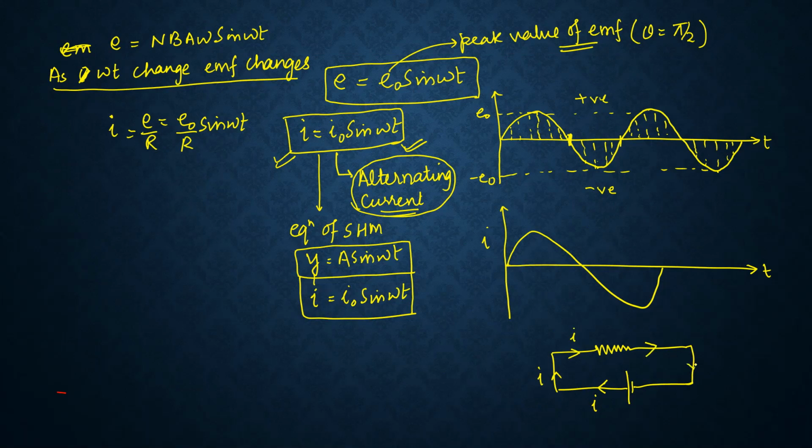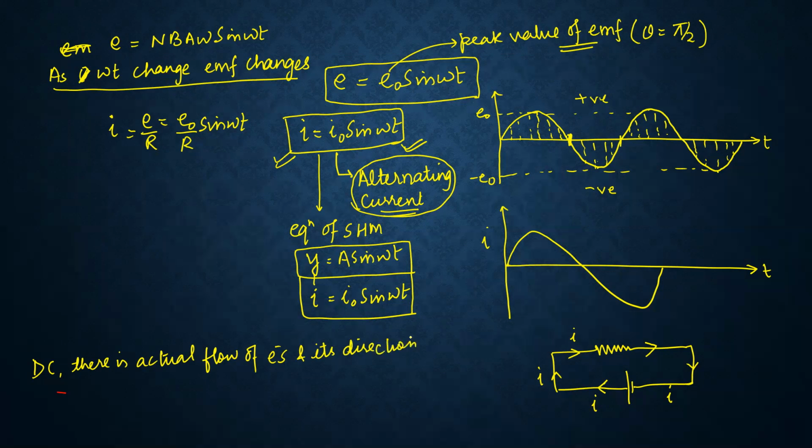Basically, in DC there is actual flow of electrons, and its direction, as we can see in our diagram also, remains the same.